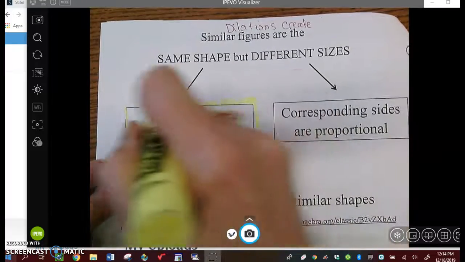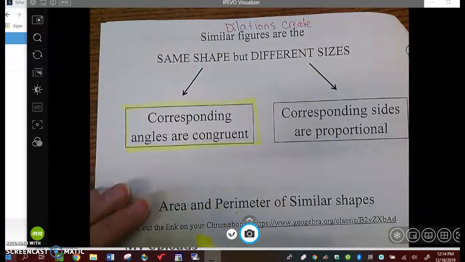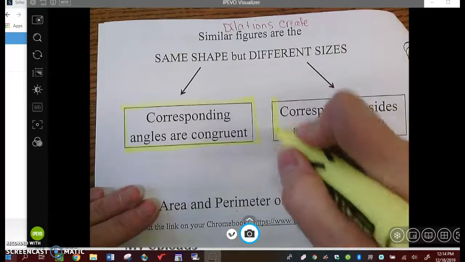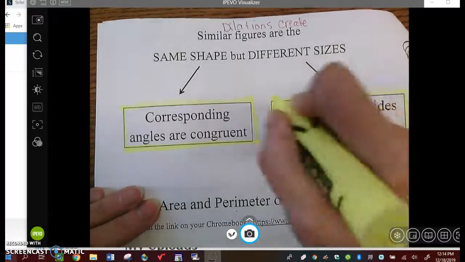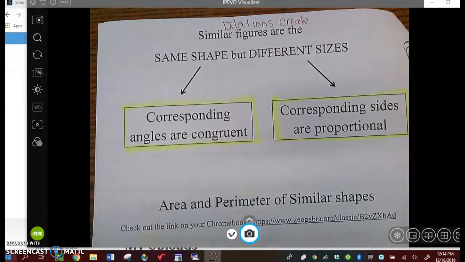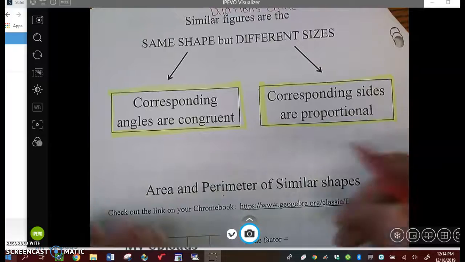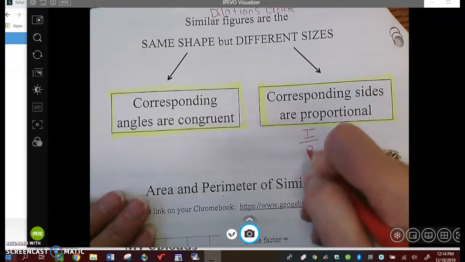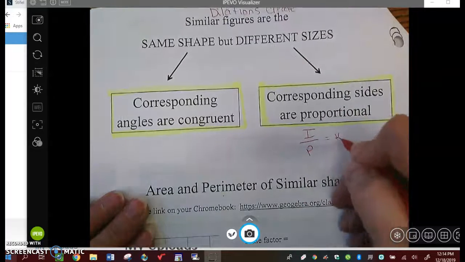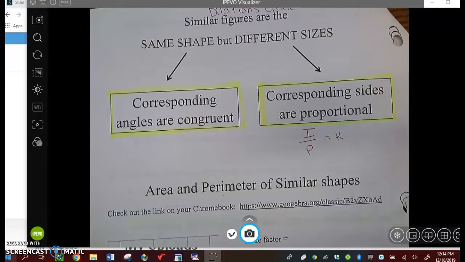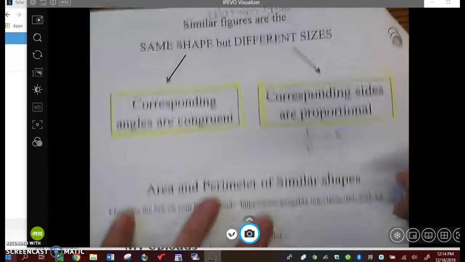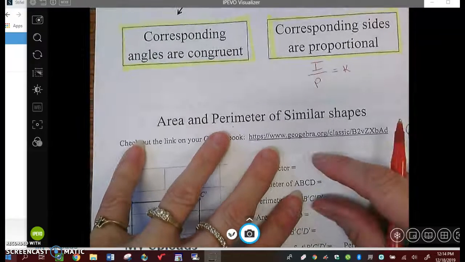We never multiply an angle measurement by a scale factor. And then corresponding sides are proportional, which means if you compare the image to the pre-image, they will all equal the same scale factor.